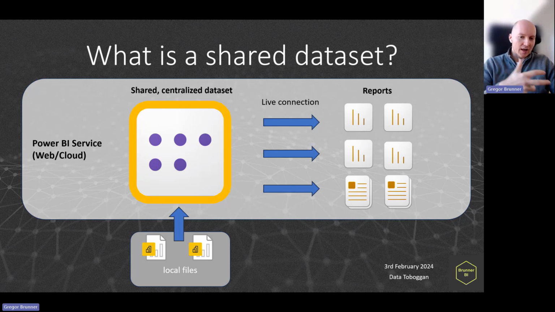So the reports have a live connection to that model, pulling data from it, whatever exists in the model at the point of query. And those could be Power BI reports, as we can see on the right side, or it could also be a paginated report. And then potentially in organizations, also people will build local files, so they will have Power BI desktop open and start developing reports there. So this model is used all over the place.